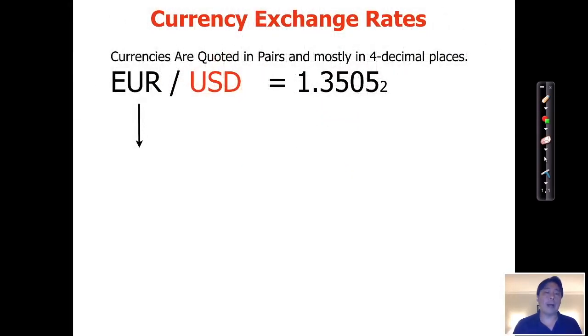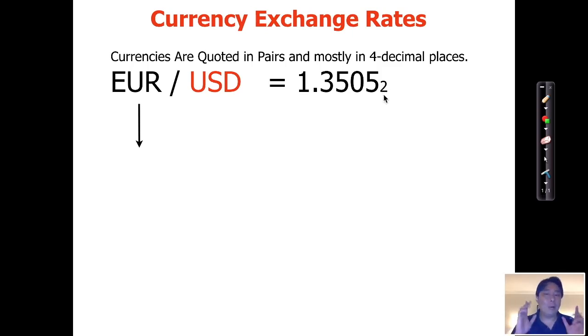So how do you read a currency quote? Again, currencies are quoted in pairs and mostly in 4 decimal places. So what you see here is Euro USD 1.3505 2. Okay.